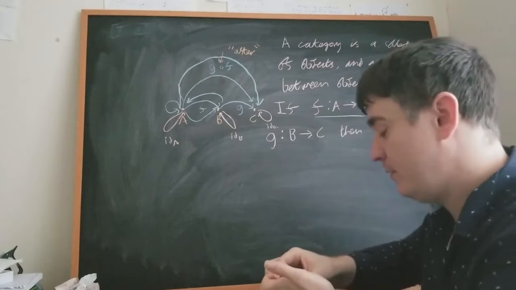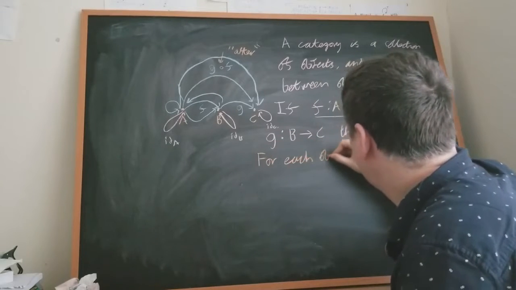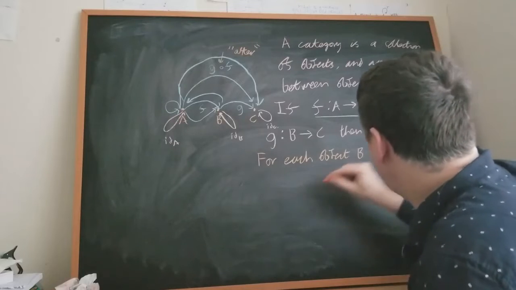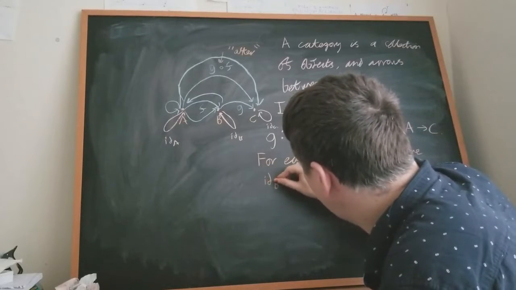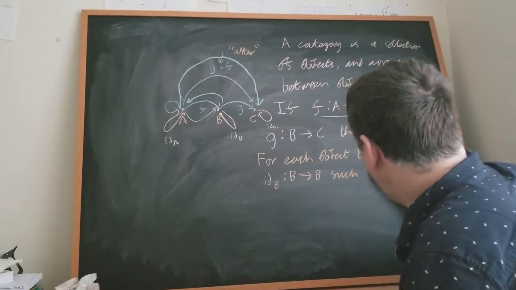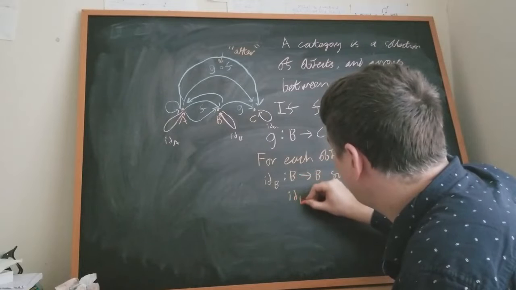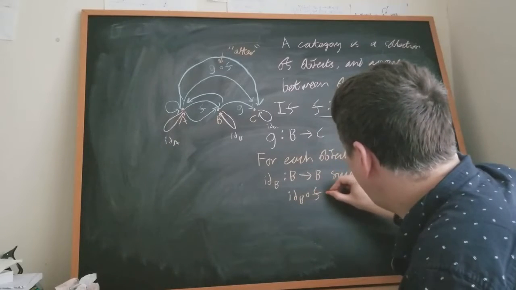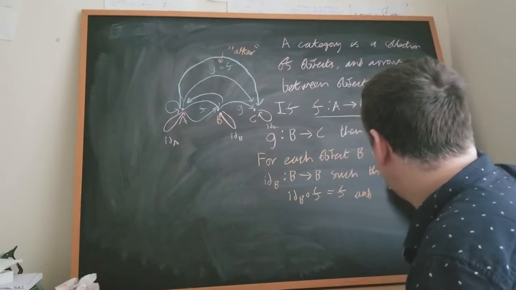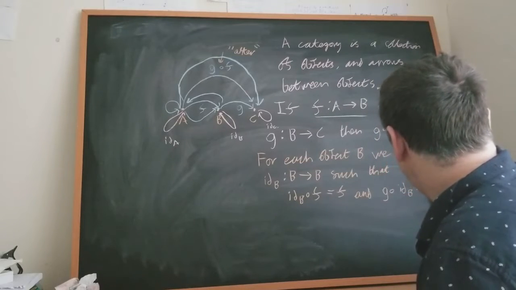So let's write that down. So for every object B, we have this identity arrow of B, which is an arrow from B to B. And it's got the property that ID B after F is F, and G after ID B equals G. Okay?